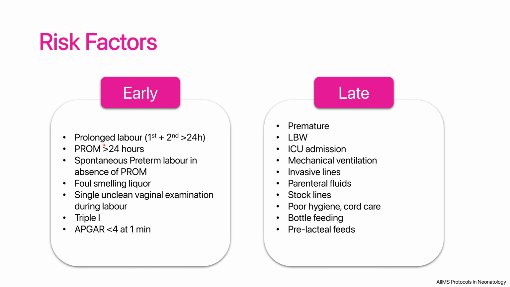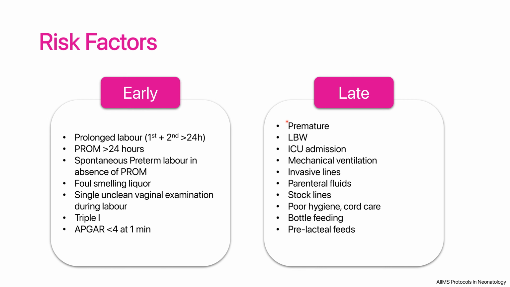These are: prolonged labor, that is the combined duration of first and second stage of labor more than 24 hours; premature rupture of membrane more than 24 hours; spontaneous preterm labor in absence of PROM; foul smelling liquor, which indicates chorioamnionitis, or any abdominal tenderness; any single unclean vaginal examination or multiple clean vaginal examinations; triple I, that is intrauterine infection and inflammation; and Apgar score of less than 4 at 1 minute of life. These are all risk factors for early onset neonatal sepsis.